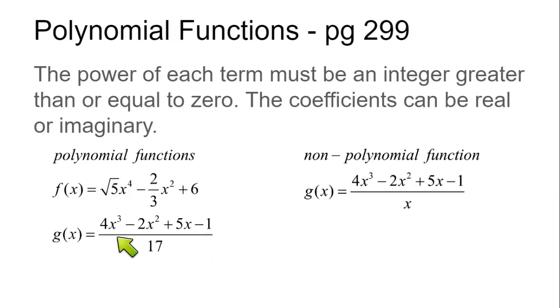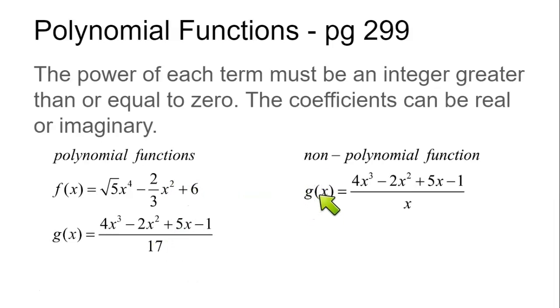And in g, we have cubed, squared, and then to the first power, so those are non-negative integers, and 4, negative 2, 5, negative 1, even with all of those divided by 17, are real numbers. So we don't have an example with an imaginary number, but these represent polynomial functions.